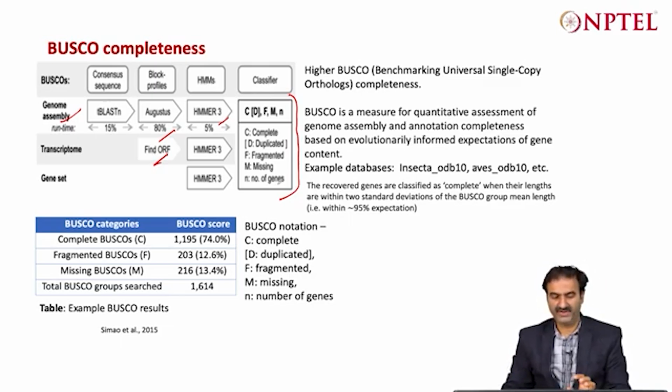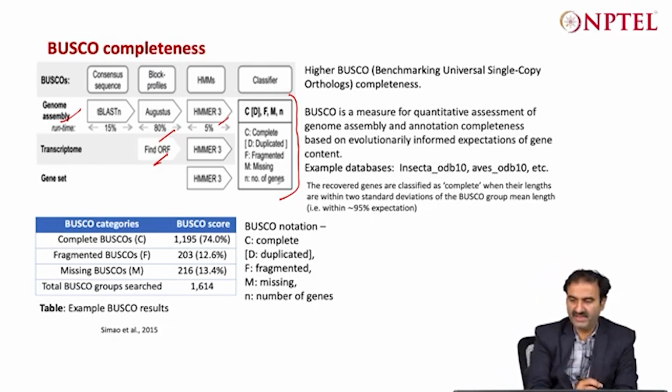So, for example, in one of the cases it got a complete, or C, BUSCO score of 74. That means 74% of the single copy orthologs were complete and present in the genome. Fragmented were 12.6, which means 12.6% of the single copy orthologs were present but fragmented.